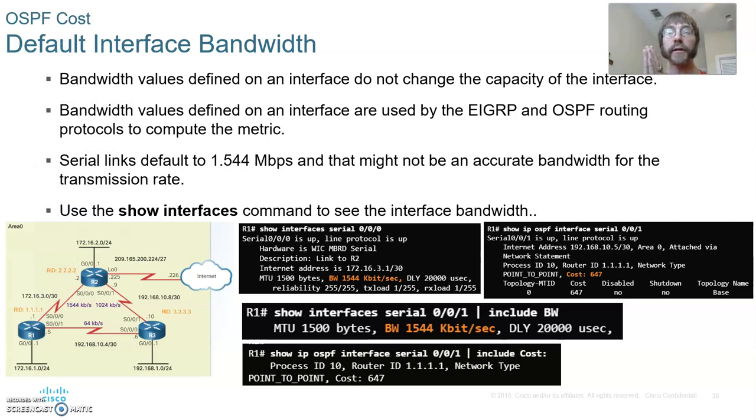Now the thing to note here is that when you change these bandwidth command values, you don't actually change the capacity of the interface. The physical bandwidth remains the same. These are used by both EIGRP and OSPF. It's going to treat all your serial links as though they are T1 lines. If they're not, say for example they're slower than T1 or significantly faster than T1, you may have to adjust that, like so. And we'll go to the next screen.